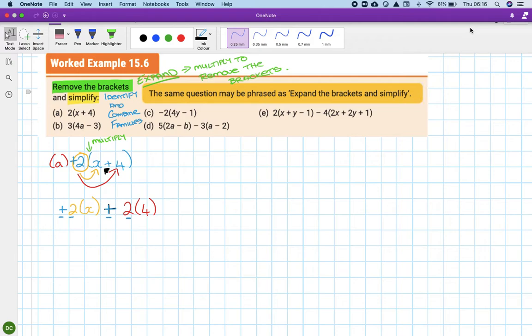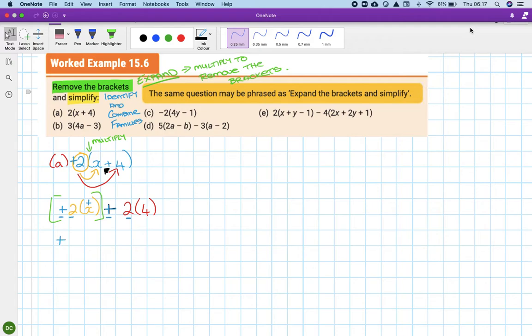So we'll do this one first. Okay, so I said when you're multiplying brackets like this, you do sign, number, letter. So we know that the 2 is a plus, and the x also doesn't have a sign, so that's a plus. So the signs are the same, so the answer is plus.